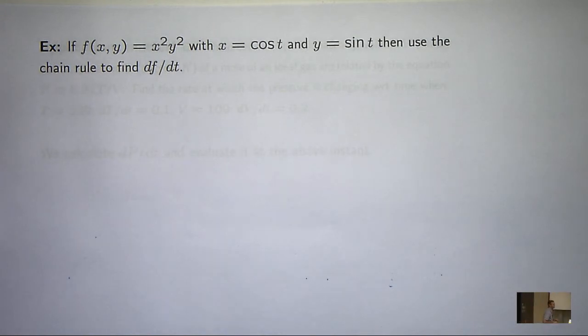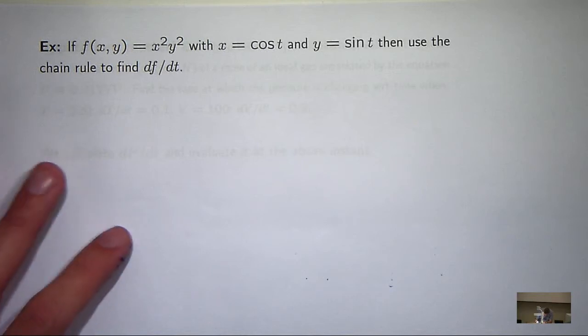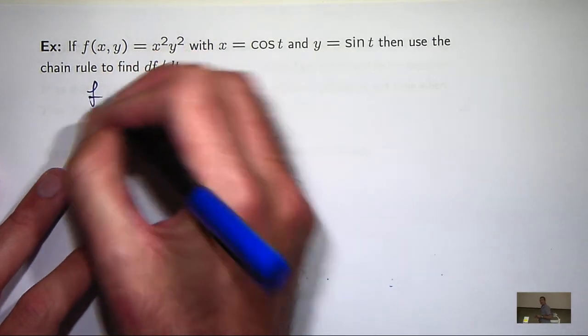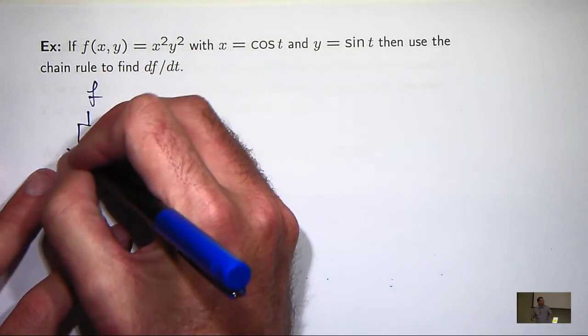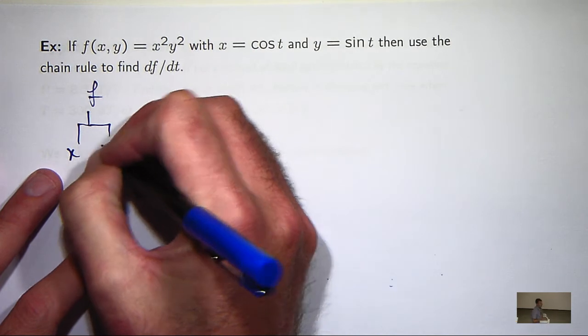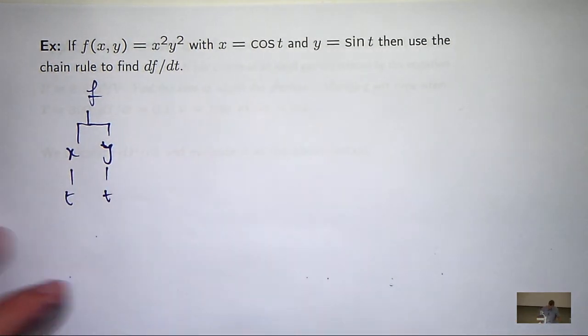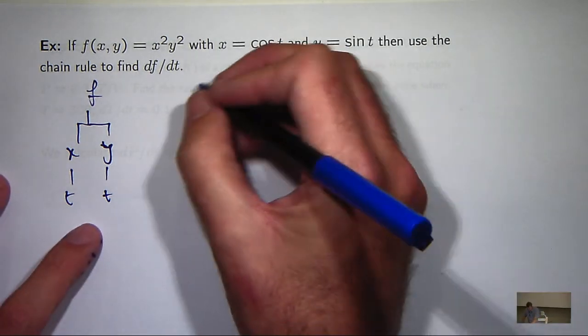So, f depends on two variables, x and y, and each of those depend on t. Our chain rule will be the following: df dx times dx dt plus df dy times dy dt.